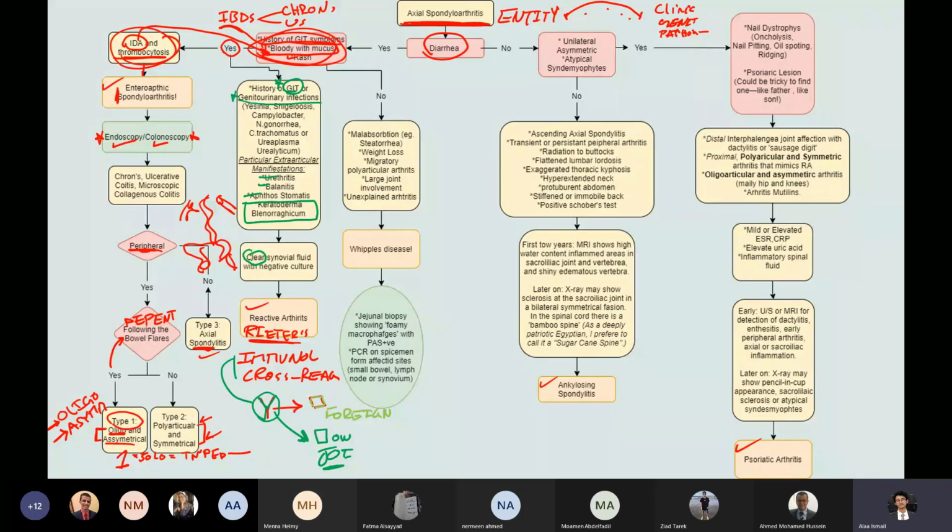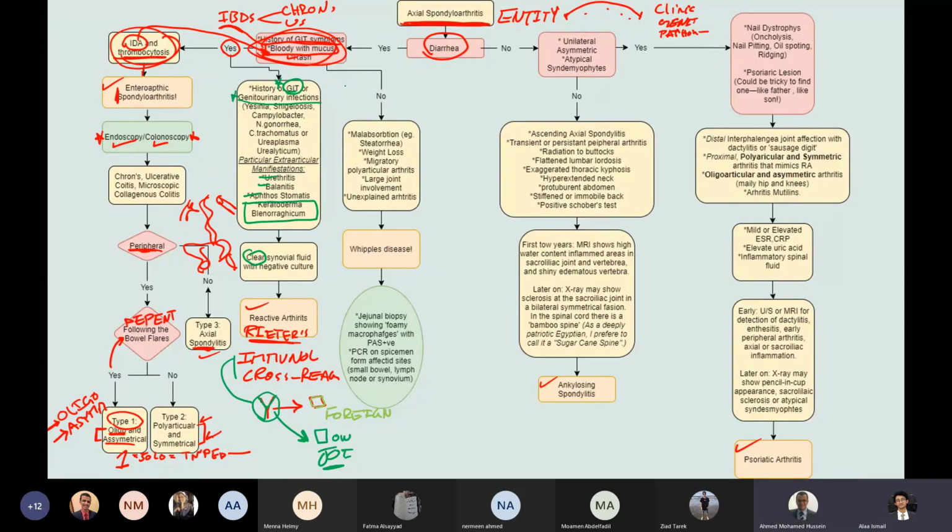And if you did a culture, the culture will be negative because it's not septic. You do not have an organism in your joint. You basically have crazy immunoglobulins that are damaging your joint, doing a massive destruction mission instead of destroying the foreign organism invading your body.